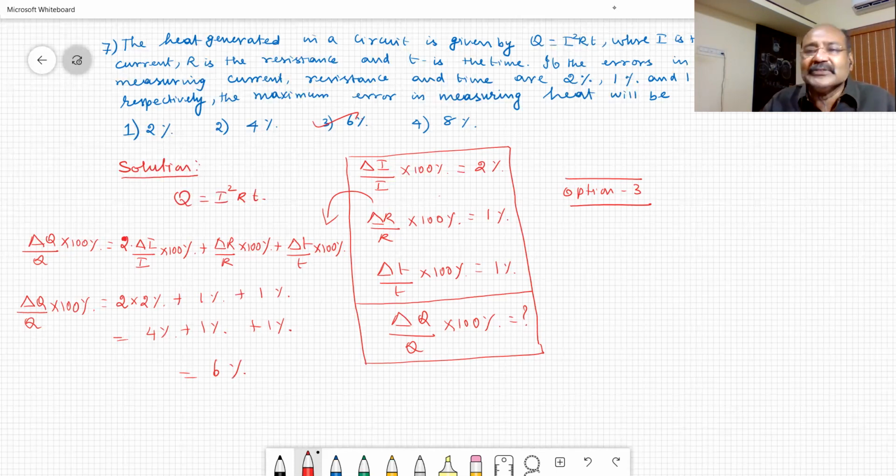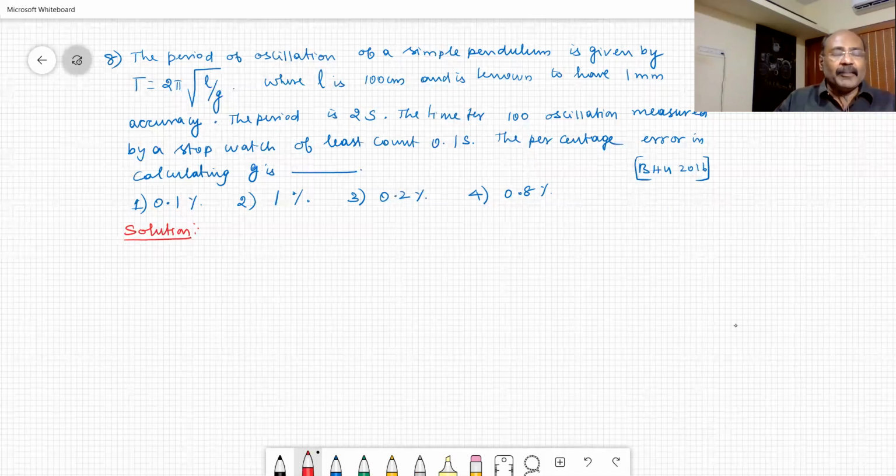Let us move on to the next problem, problem number 8. The period of oscillation of a simple pendulum is given by T equal to 2 pi into root of L divided by G, where L is 100 centimeters.